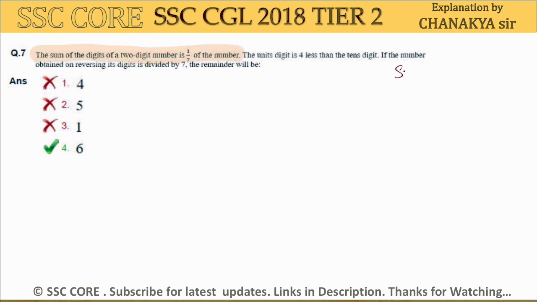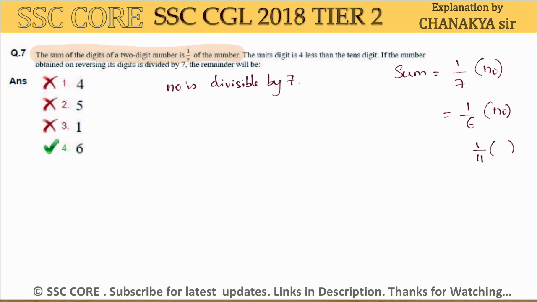Sum of digits is 1 by 7th of the number means the number is divisible by 7. You should first understand this. If the sum of digits is 1 by 6th of the number, it should be divisible by 6. 1 by 11th of the number, it should be divisible by 11. So for this problem, the number is a multiple of 7.